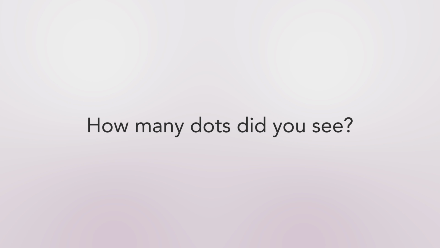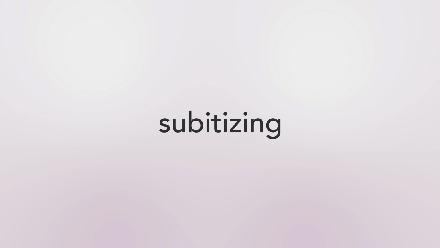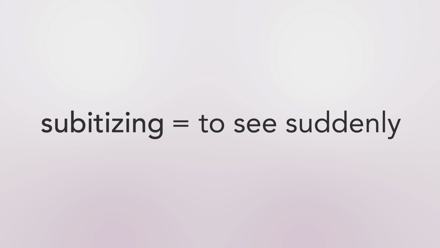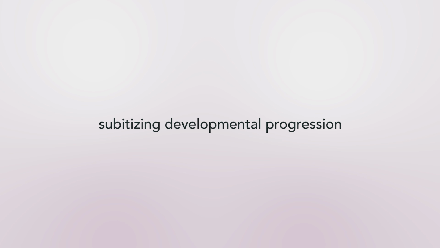How many did you see this time? This ability that helped you to see 4 dots, even though there was not enough time for you to count them, is called subitizing. To subitize means to see suddenly, and that's what the experience is like. You just know.